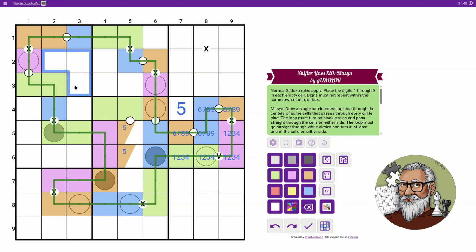I'm missing a blue. This is the same blue, right? No, not necessarily. I don't know actually. I do not know.